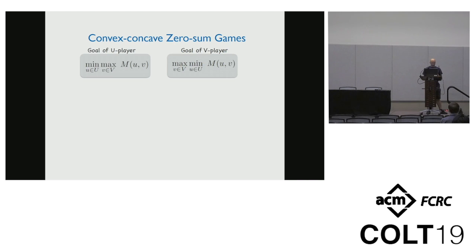So what is nice is that for such games, you can actually obtain this objective simultaneously for both of these players. And solutions that obtain these goals of the players simultaneously are called equilibria.